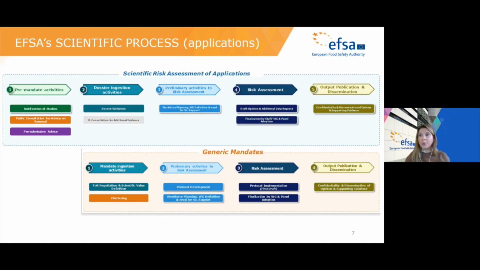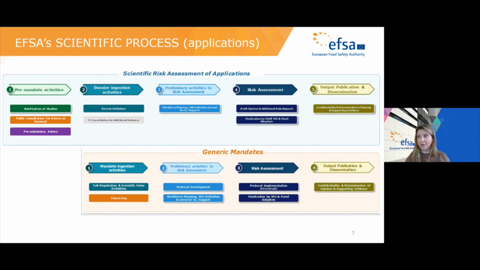Step 2, preliminary activities to risk assessment, involves the protocol development and again the workforce planning. The actual risk assessment, step number 3, has the protocol implementation and then the finalization by the working group and the adoption by the panel.